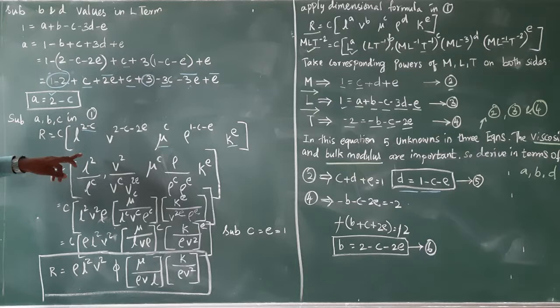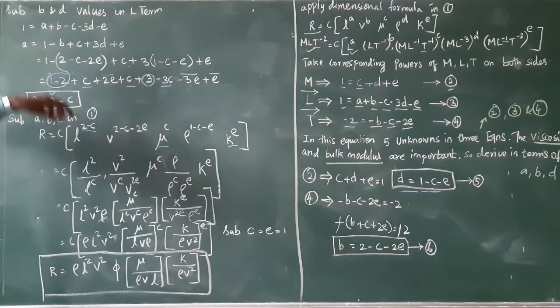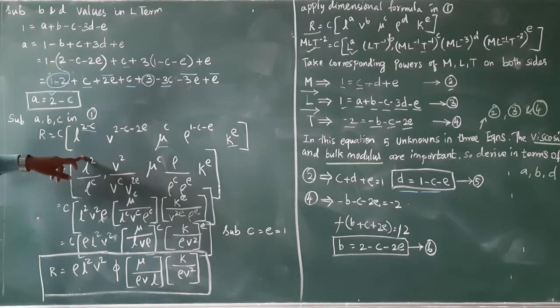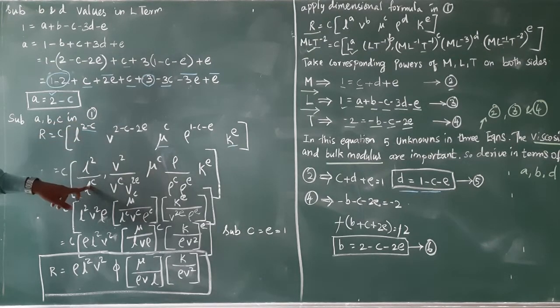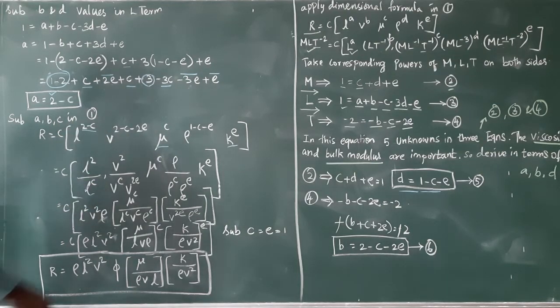The positive power can be written in the top and the negative power can be written in the bottom. So L square on top, and L power C in the denominator.